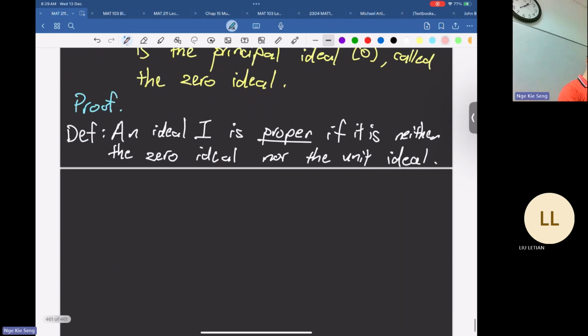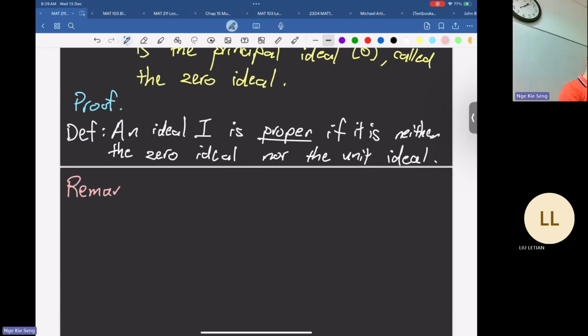So for now you should observe that an ideal is actually almost a ring.